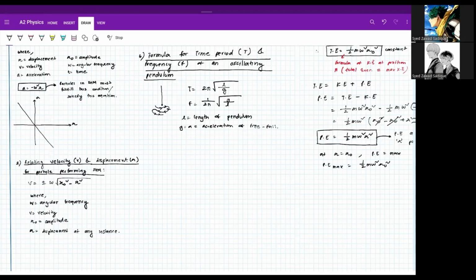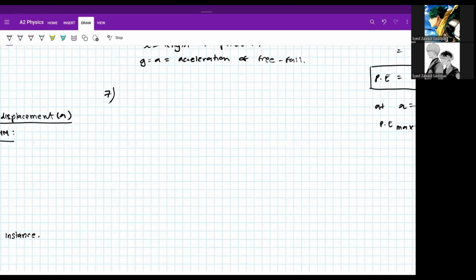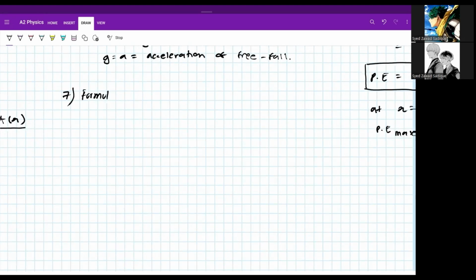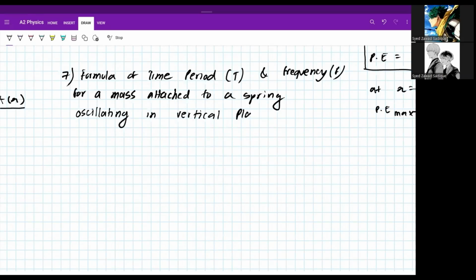Next, 7. This one's simple as well. This is the formula of time period and frequency for a mass attached to a spring oscillating in vertical plane.